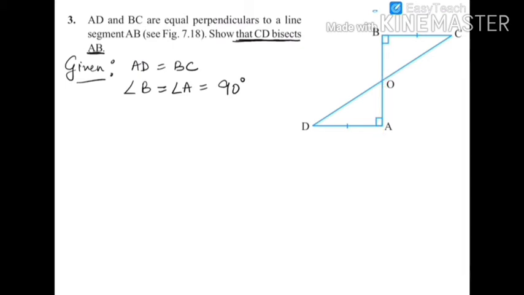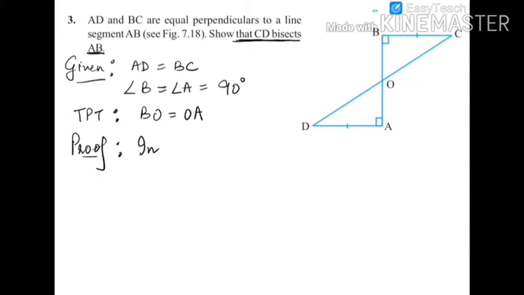That means we have to show these two triangles, triangle BOC and triangle DOA, congruent. Then BO and OA form corresponding parts of these two triangles and they will be equal. So we have to prove BO equal to OA.